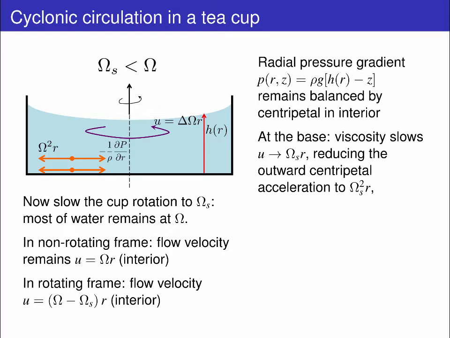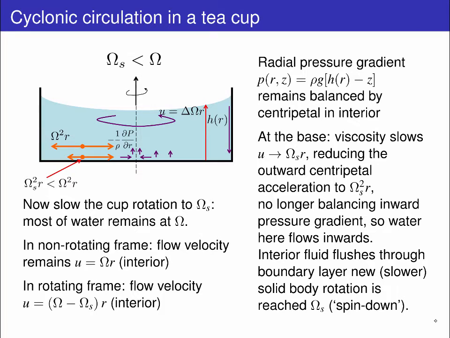However, at the base, next to the boundary, the water velocity has slowed to u equals omega s r, reducing the outward centripetal acceleration to omega s squared r. This no longer balances the inward radial pressure gradient, so the water in this boundary layer flows inwards.